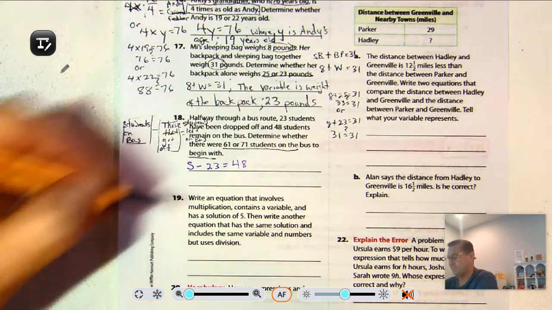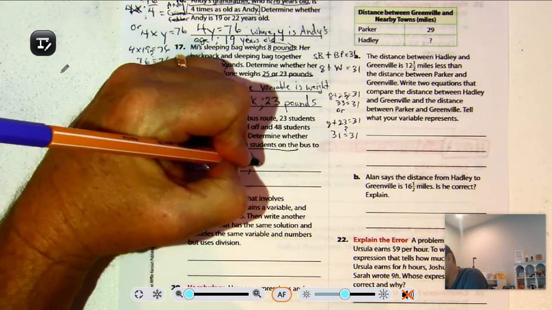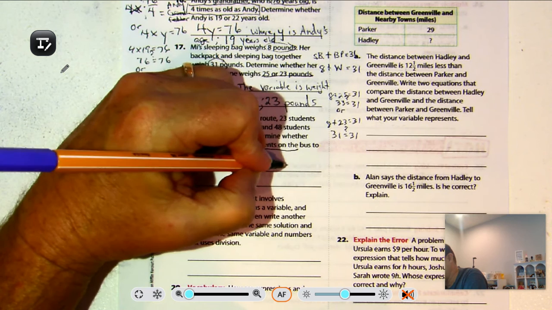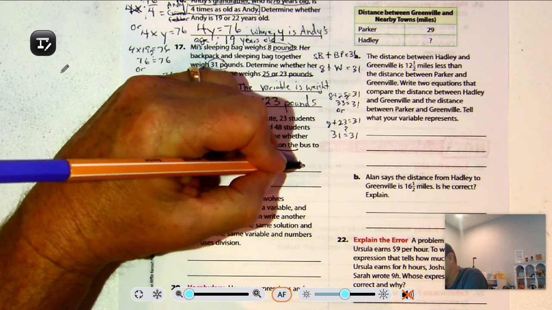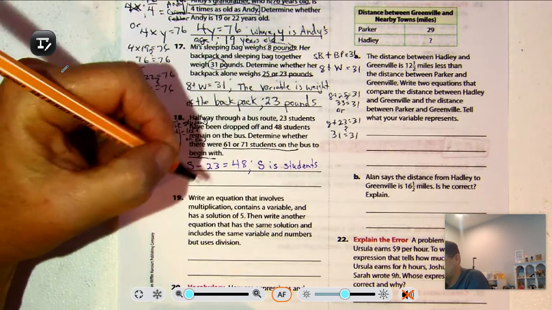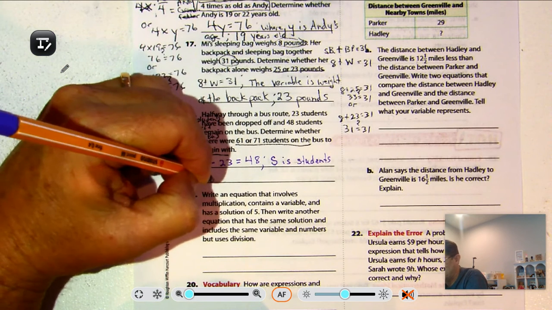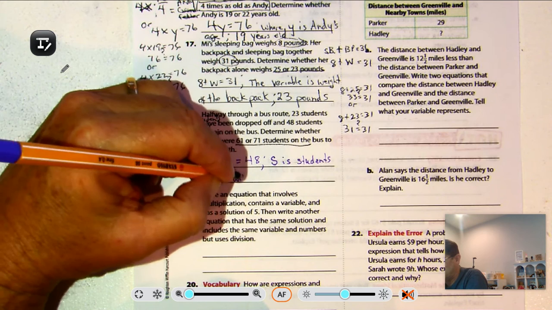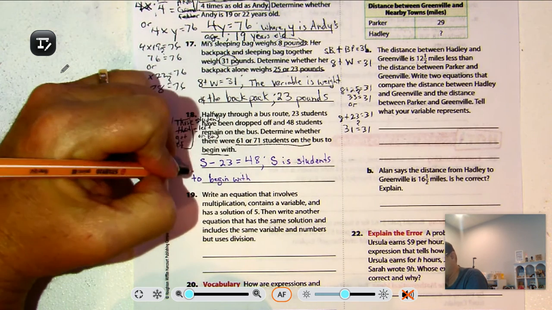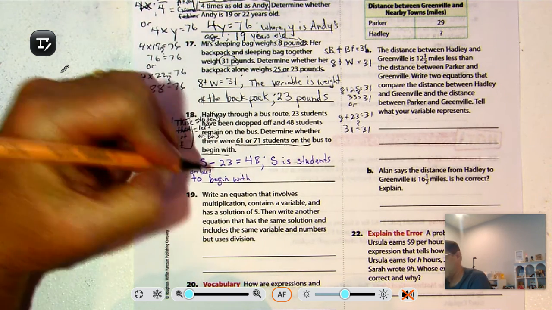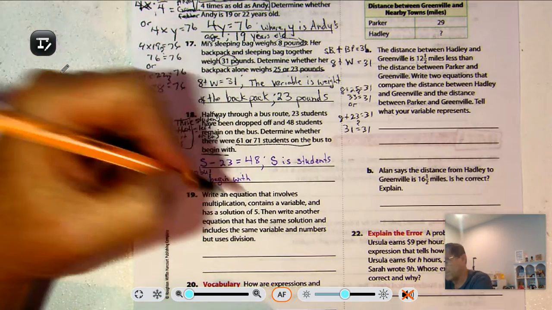So what does the S represent? The S is students on bus at the start. Students on bus to begin with.